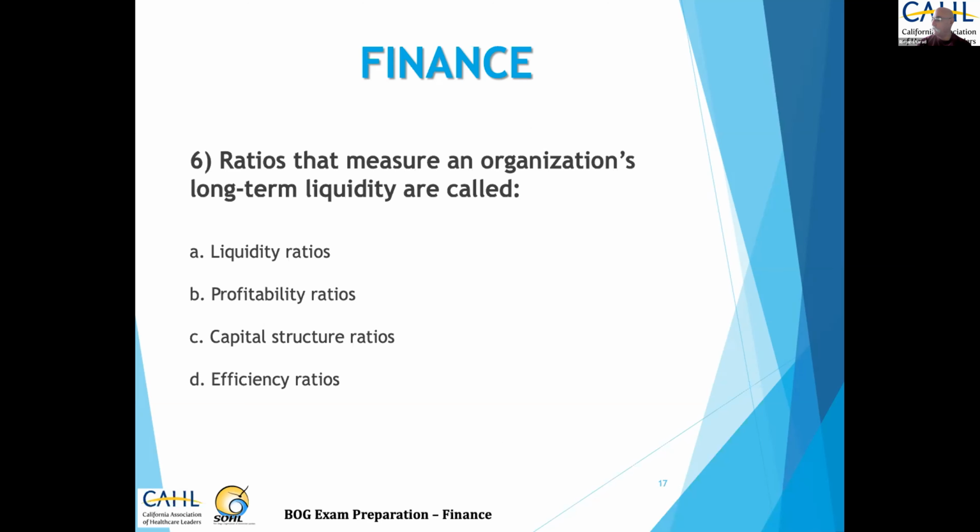Capital structure, that's getting into how much you have borrowed versus investment, maybe. Efficiency, I wouldn't think so. So it's going to be between A and C, but I think I'm going to go with the obvious one, the liquidity. Even though I'm feeling like they're trying to fool me, but I'm going to go with that one.